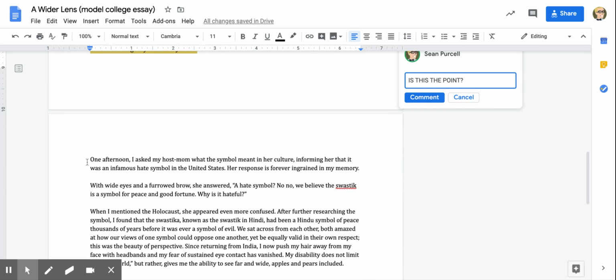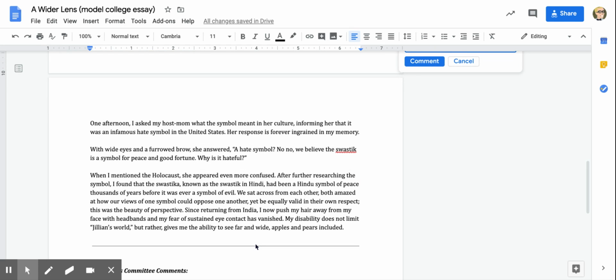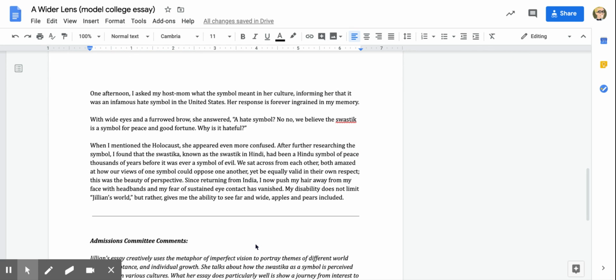She goes on to talk about the story of how her perspective was changed. I'd say the real epiphany or understanding that Jillian has comes at the very end of the essay, the very, very end of the essay, last part of the first paragraph.